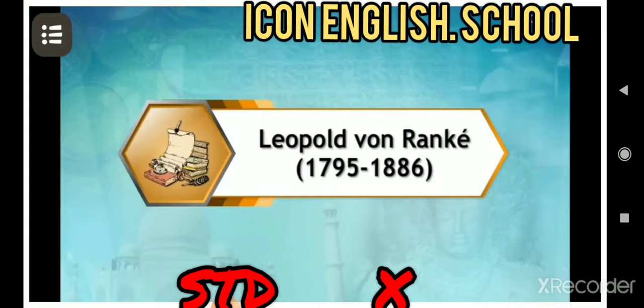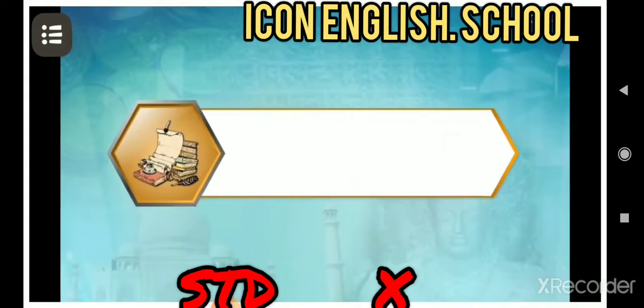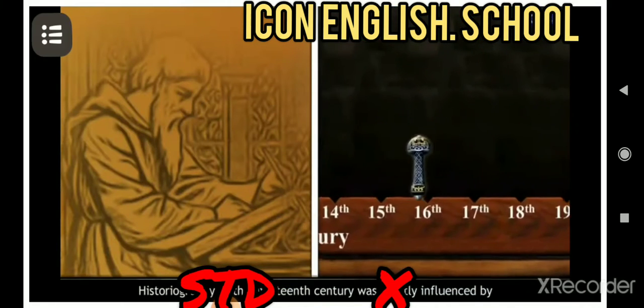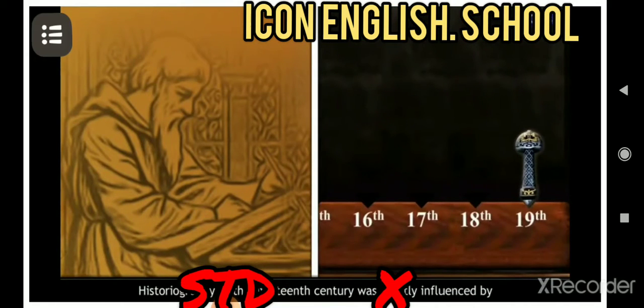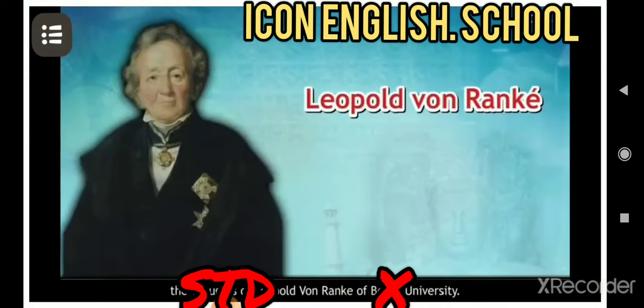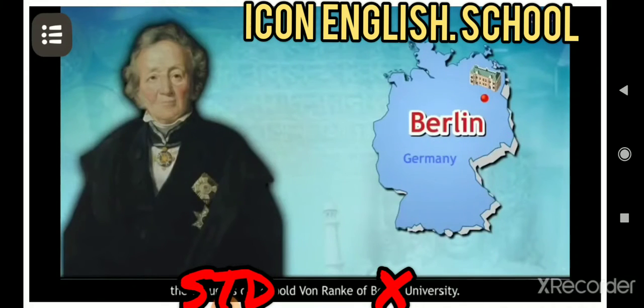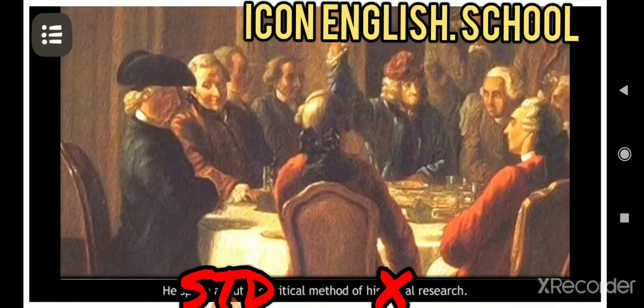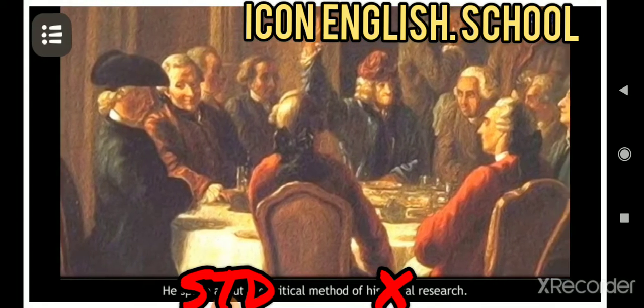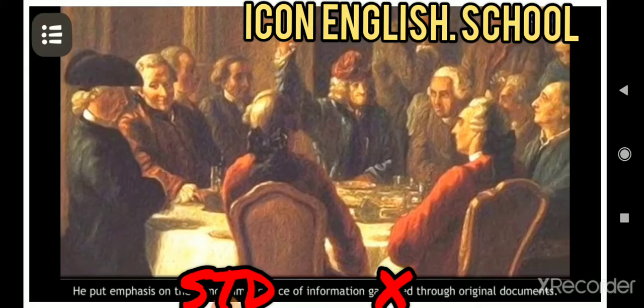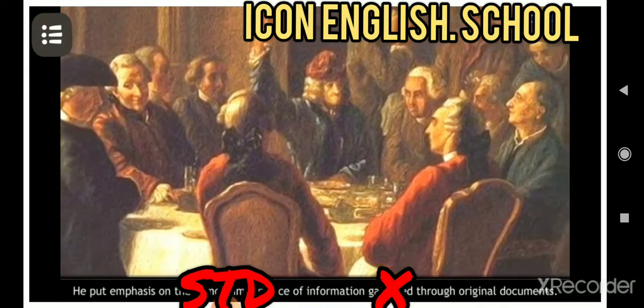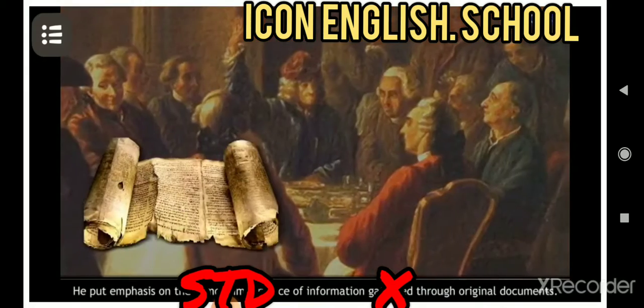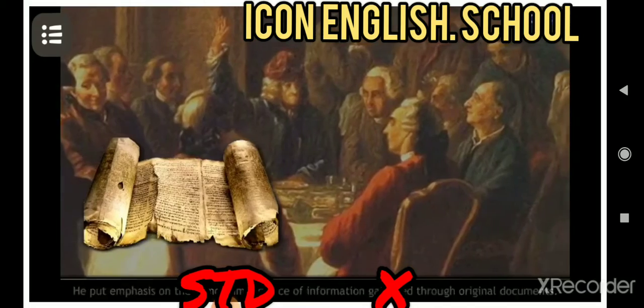Leopold von Ranke, 1795 to 1886. Historiography of the 19th century was greatly influenced by the thoughts of Leopold von Ranke of Berlin University. He spoke about the critical method of historical research. He put emphasis on the utmost importance of information gathered through original documents.